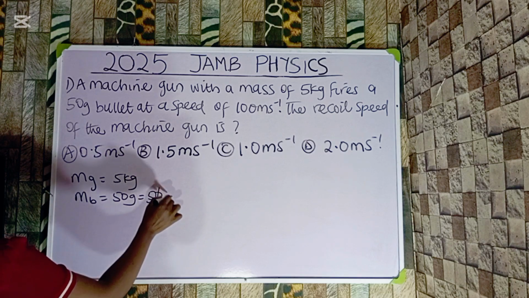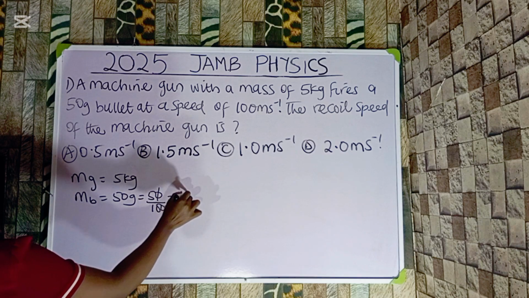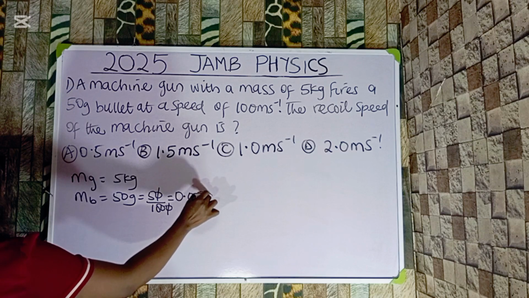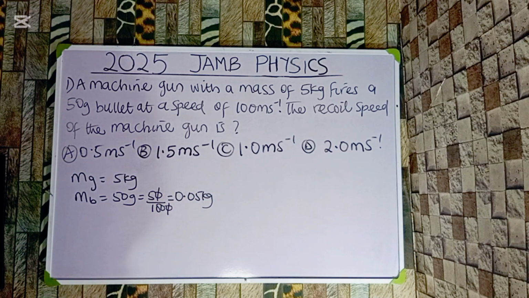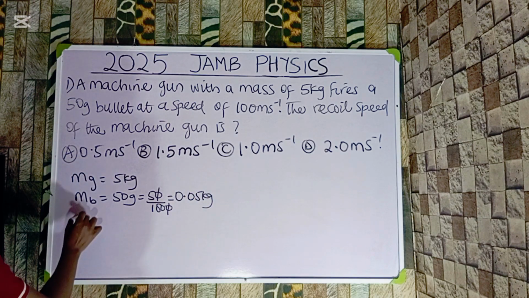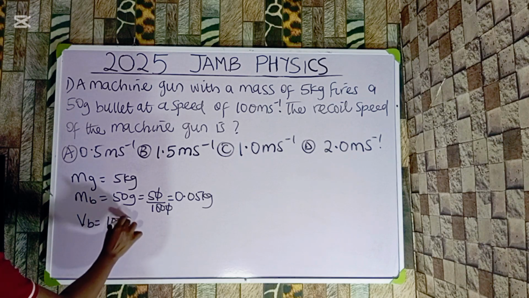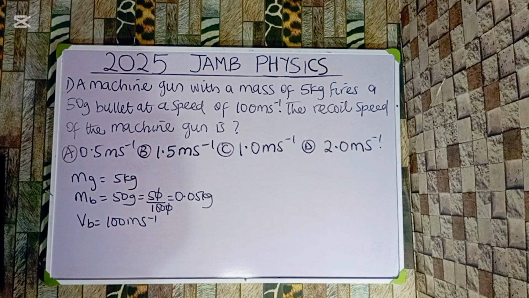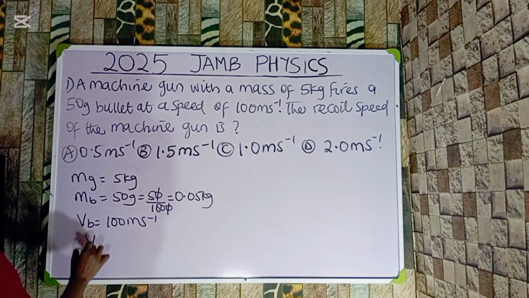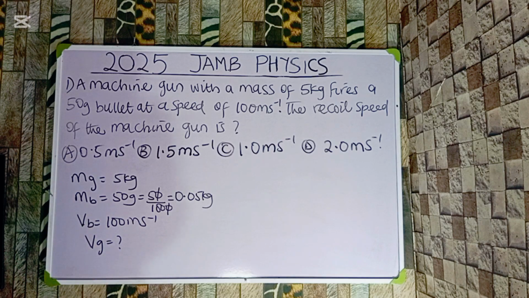So this will give me 0.05 kilograms. Then the speed, which is the velocity of the bullet, is given as 100 meters per second, and we are looking for the recoil speed of the machine gun, which is the velocity of the gun. That is what you are looking for.